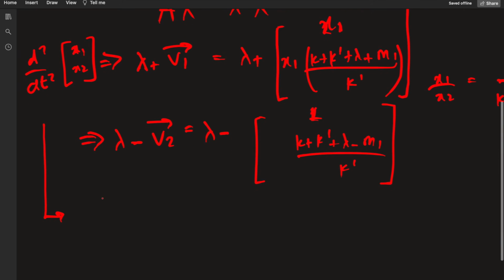So the top entry now becomes the second derivative with respect to time of x1 is just equal to lambda plus times x1.